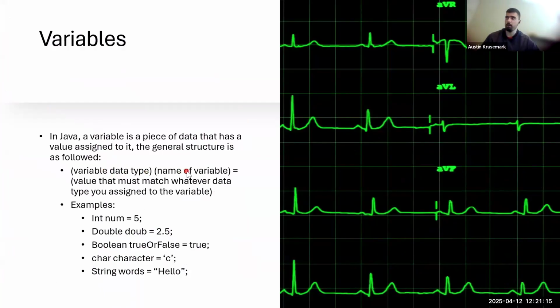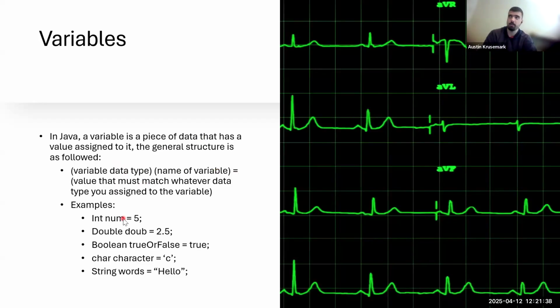Like when I was doing the integer examples, I did int example, and you make it equal with one equal sign, and then you assign it any value you want as long as it matches the data type you gave at the beginning. And it's very important that you do one equal sign, and I'll go over that in a minute.